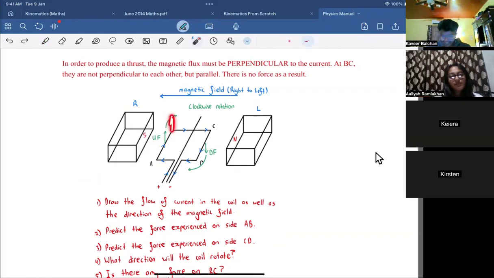Over here experiencing an upward force, over here experiencing a downward force, and it's along the same plane. If you have the same upward force and the same downward force, what happens? It won't have any force because they will cancel off. Yeah, so BC has no force acting on it.